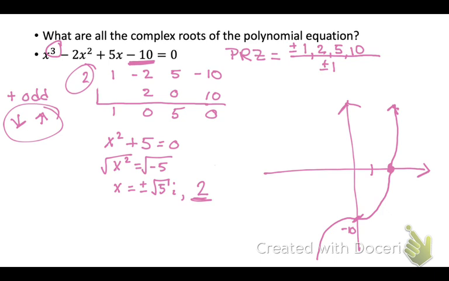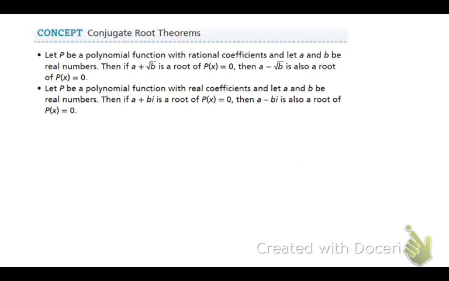Okay, so this is going to lead us to graphing just like I did yesterday. The conjugate root theorems we talked about yesterday. If I have a plus bi as a root, what do I also have? A minus bi. If I have a plus the square root of b, I also have a minus the square root of b.